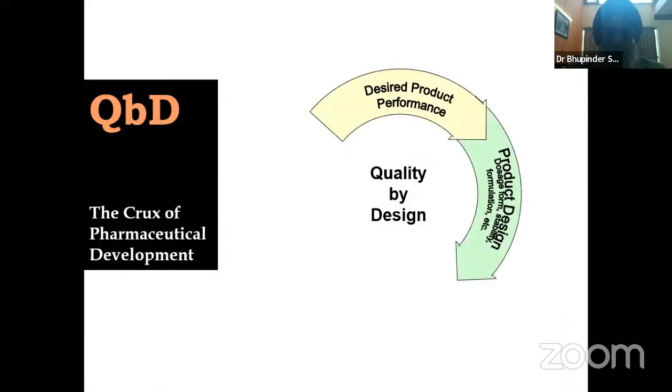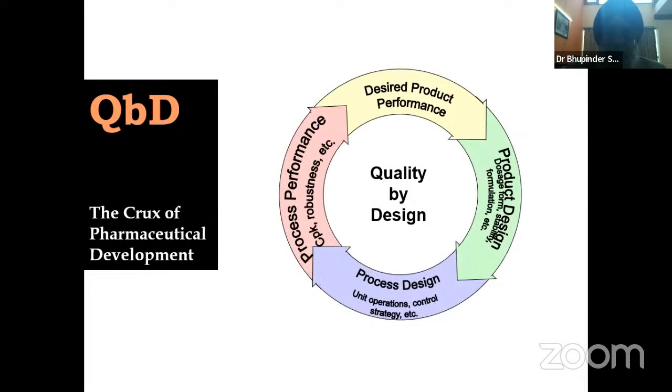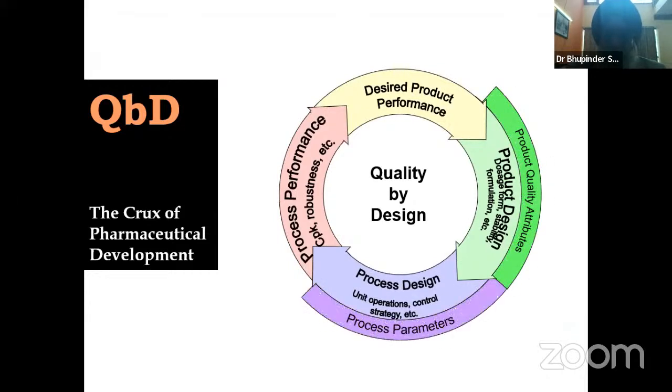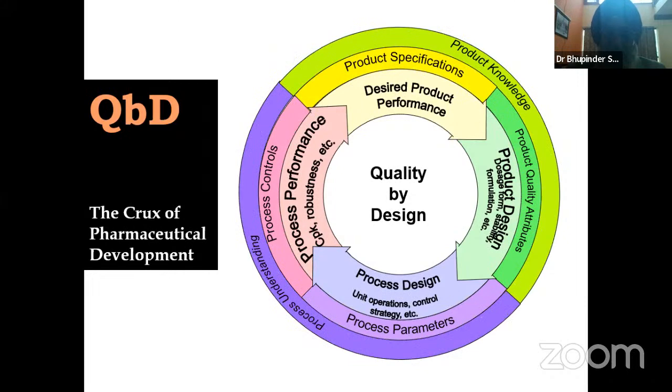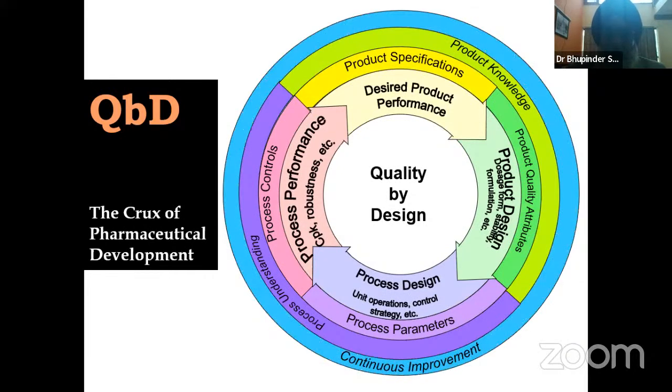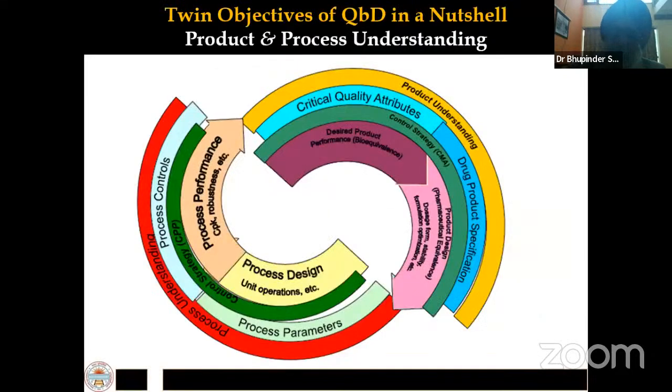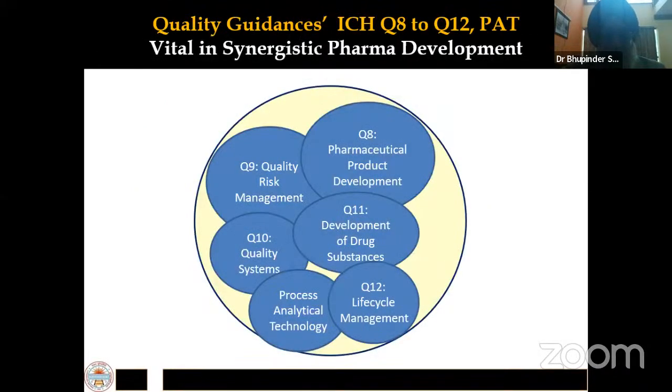So QBD leads to variables like desired product performance, process design, etc., leading to product quality attributes, process parameters I have just shared, and leading further to product knowledge and process understanding, and finally leading to continuous improvement. So product and process understanding is the ultimate outcome. And if you cut this circle in two halves, you see the outcome is product and process understanding, which the FDA is always asking these days.